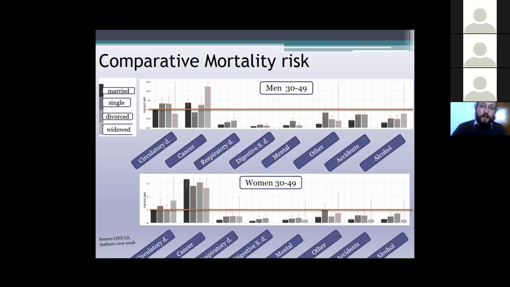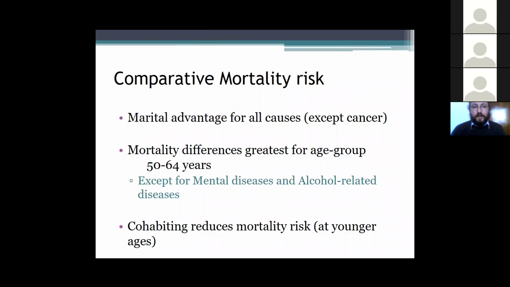If you go to the other age groups, we found that the marital advantage exists for all causes except for cancer. The mortality differences are greatest for the age groups 50 to 65. That was the case for both the overall and the cause-specific mortality, with the exception of mental diseases, alcohol diseases, and accidents, which decline with age.